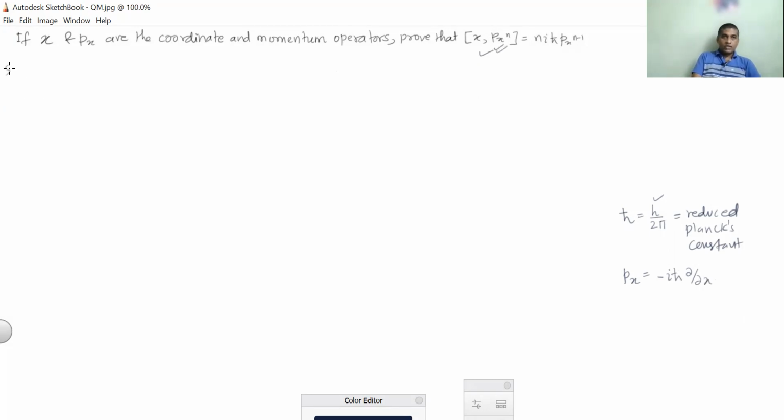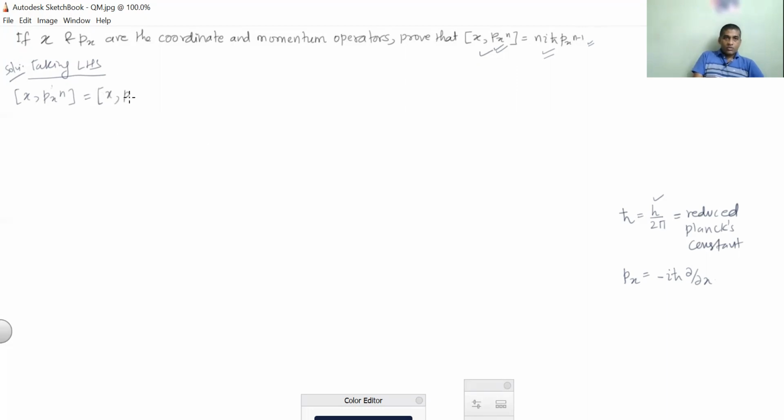Taking the left hand side, we have the commutation of x, px power n. Now we are asked to prove this. We have px power n minus 1 on the right hand side, so we can write this commutation relation in this way.